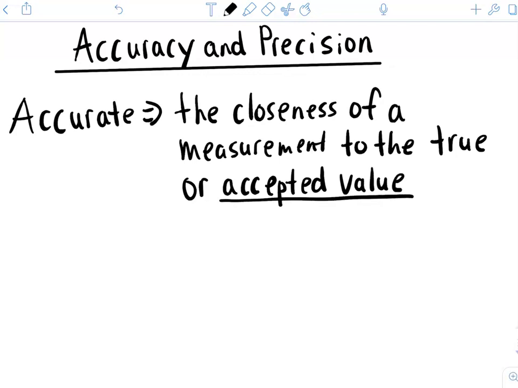So basically what we're saying is, in order to be accurate, you have to be very close or the same as whatever your accepted value is. And you will be told what your accepted value is.